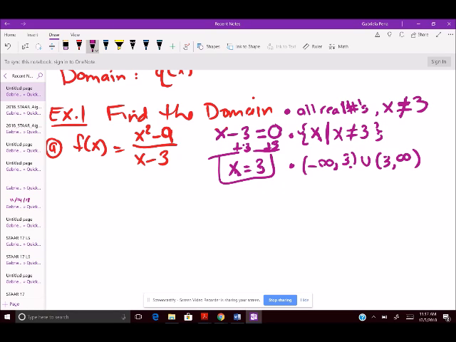Yes, they're parentheses because it's not equal. Because remember, a bracket is used when it's equal to a number. So those are 3 different ways that it could be written. Which they all mean the same thing. Questions?